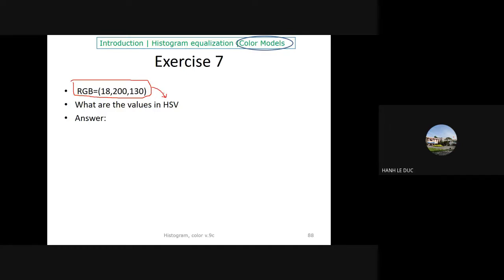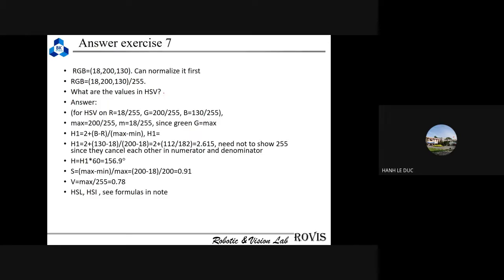We have RGB like this. Here you can do the normalization, but it's okay if you don't, because dividing by 255 does not change the formula. So the RGB will be this one.